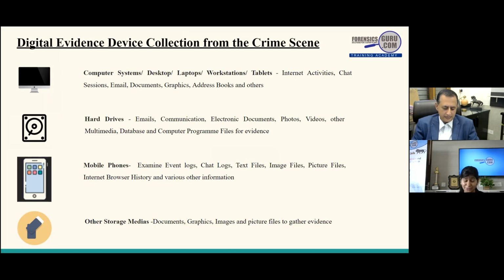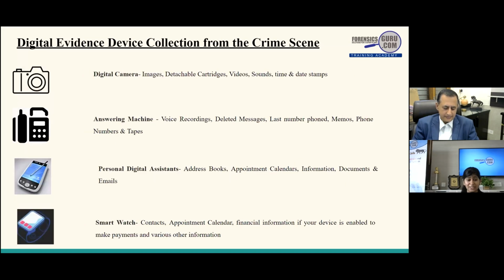These could be computer systems, laptops, desktops, workstations, tablets, a lot of hard drives, mobile phones, other storage media, digital cameras, answering machines, personal digital assistant devices, smartwatches. Not only this, many other digital devices can also be found at the incident location.